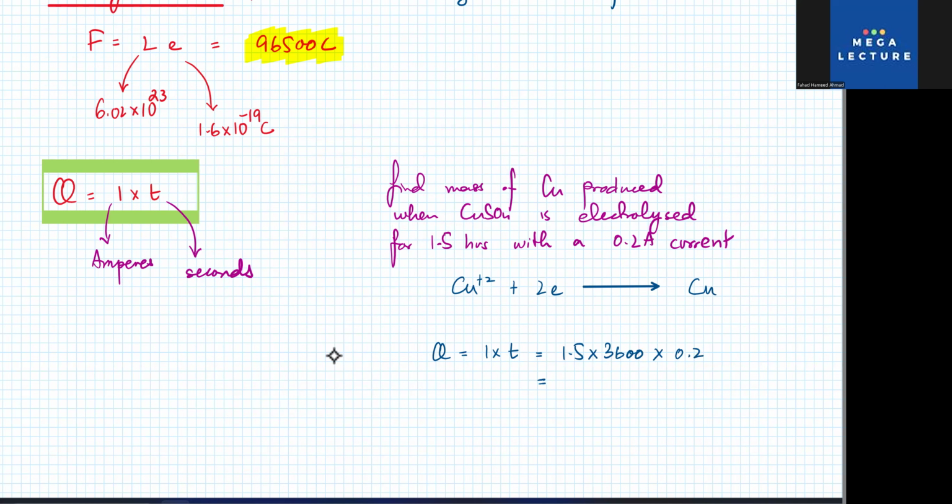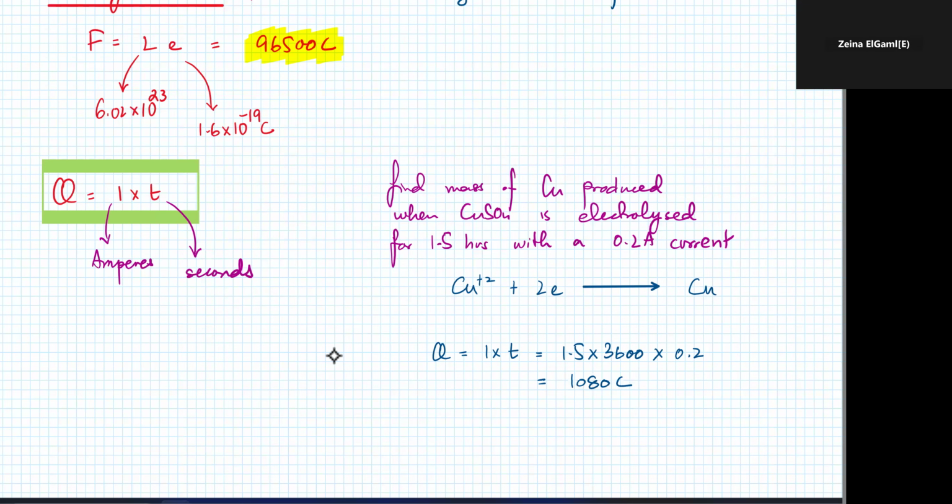So can somebody tell me what the value is? Anyone on your calculator, what is the charge? Zaira? 864, sir. So you're getting 864. Okay, one second, this is 1080. So you're getting 1080 coulombs, right?